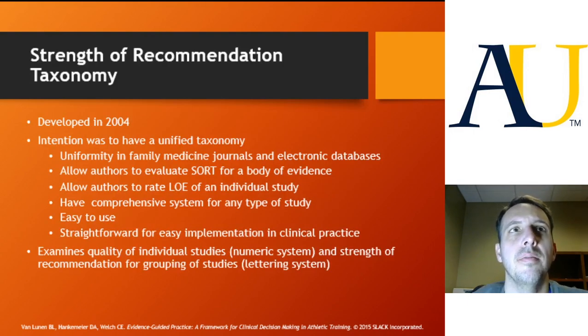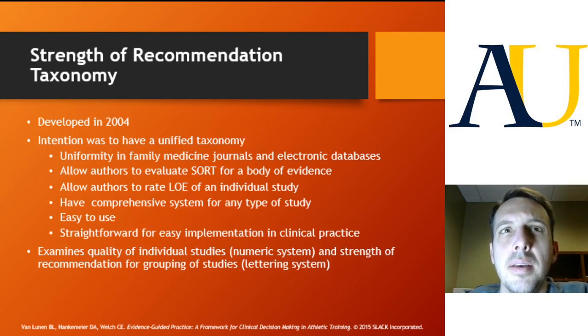So the strength of recommendation taxonomy, or SORT, was designed specifically to try to create a more uniform method of understanding of these recommendations, but more in family medicine. And so you can see with the SORT guidelines and the SORT recommendations, there's going to be a lot more emphasis on utility of the research as opposed to, as in the OCEBM version, the methodological strength.